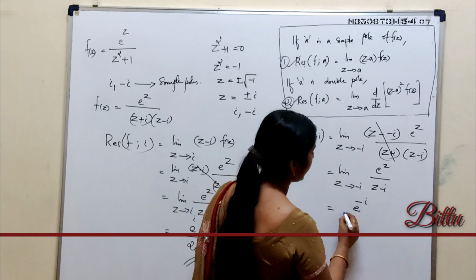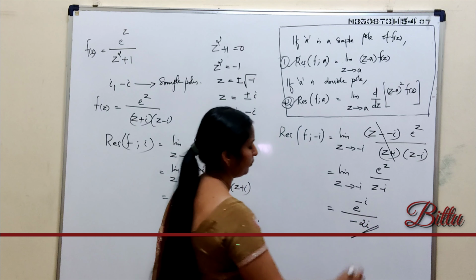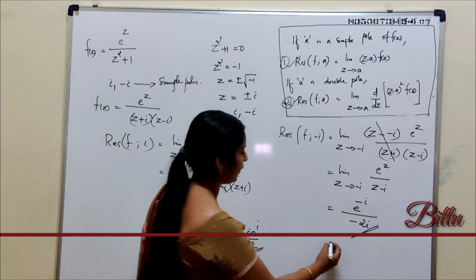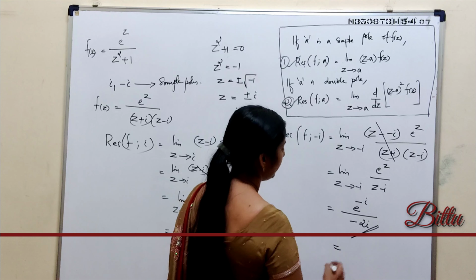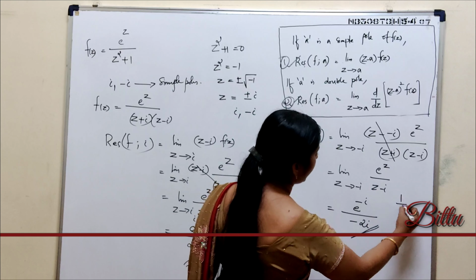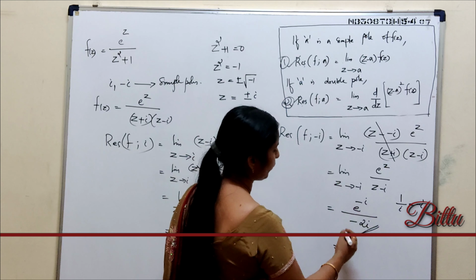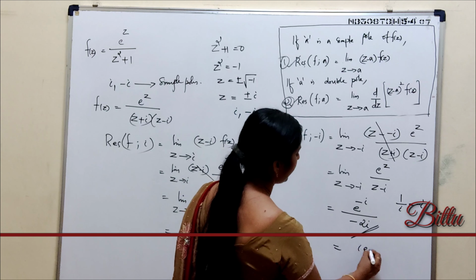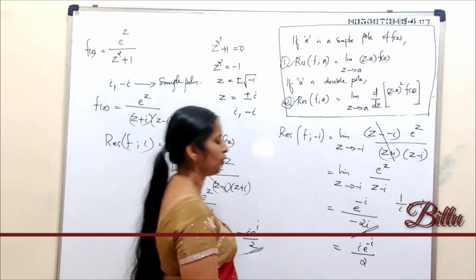So e raised to minus i divided by minus 2i. Conveniently, you take i to the numerator. So we know 1 by i is minus i. So it will become i e raised to minus i by 2.